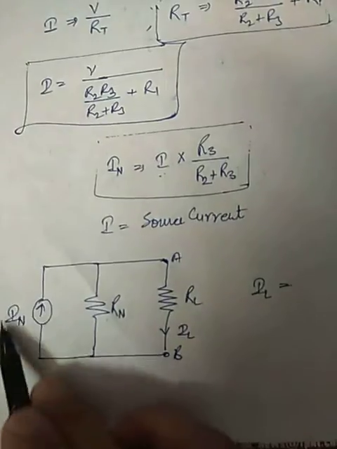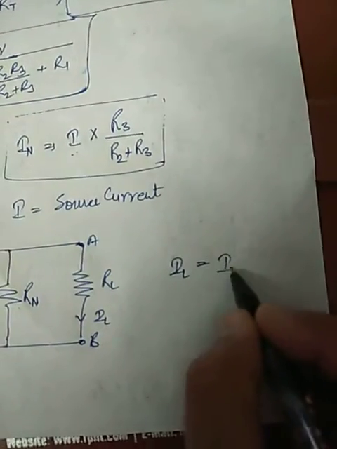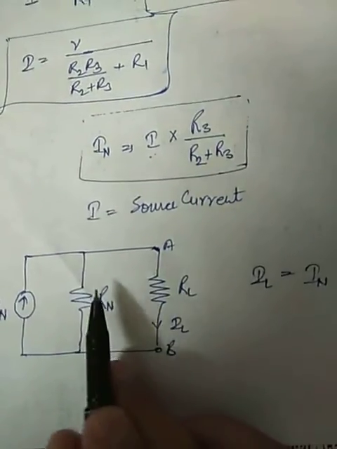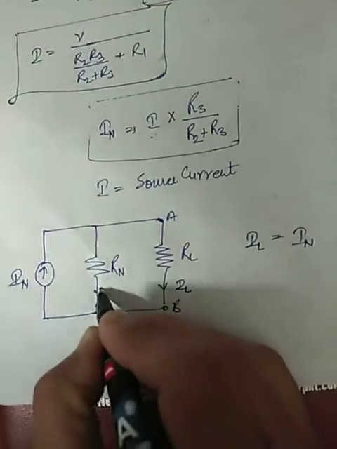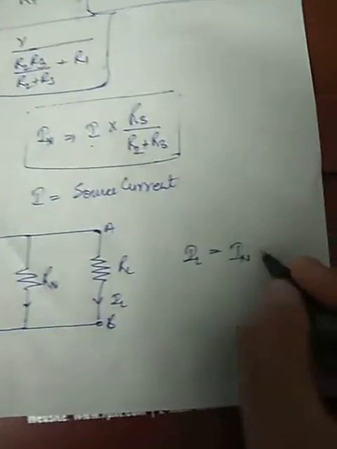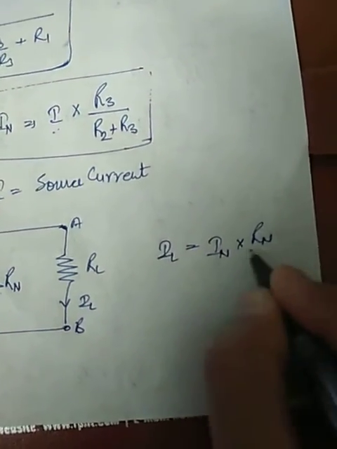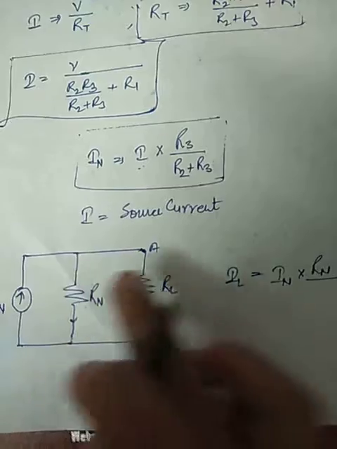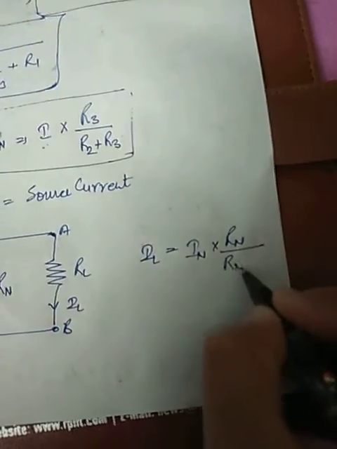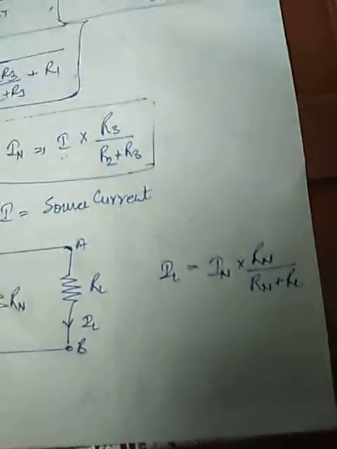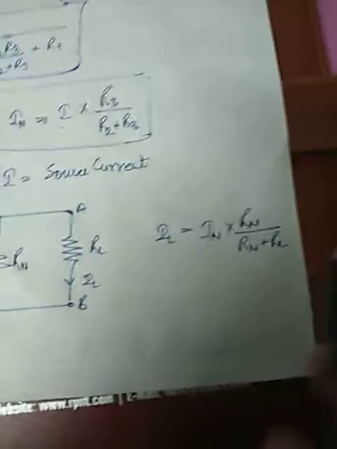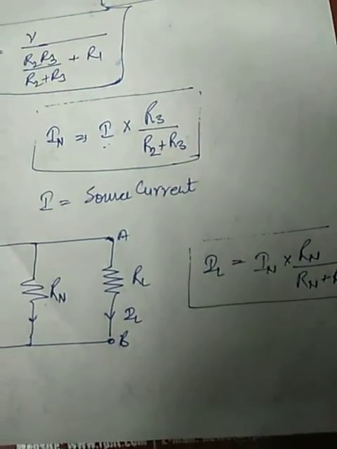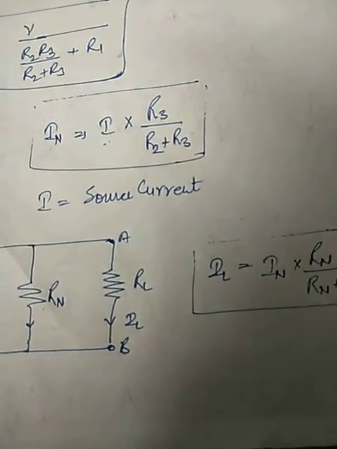So the total source current IN into the resistance of the opposite branch, divided by the sum of the total resistance. So here we will simply add the resistances. So this is the formula of the load current.